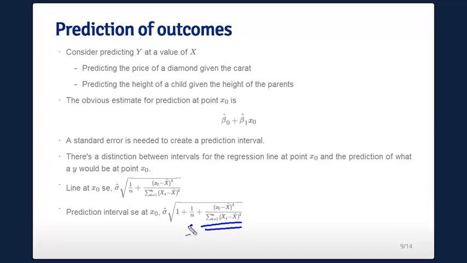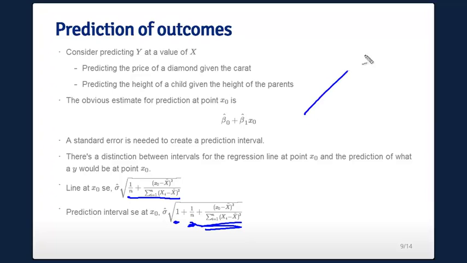This part is added on and relates to how good our estimate of the line is. Both of these parts go to 0 as you collect an infinite amount of data. And then there's this part right here, the 1, that never goes away as you collect more and more data, and that just says how much variability there is around the line.